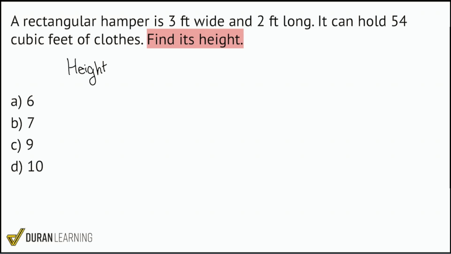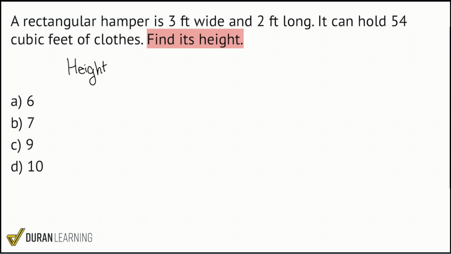Sounds good. Now, we're going to explore the information that's given to us to see how we can turn all of this English over here into math. So let's get ready to read here. A rectangular hamper is this wide, this long, and it can hold 54 cubic feet of clothes. Everybody, which concept are we dealing with?